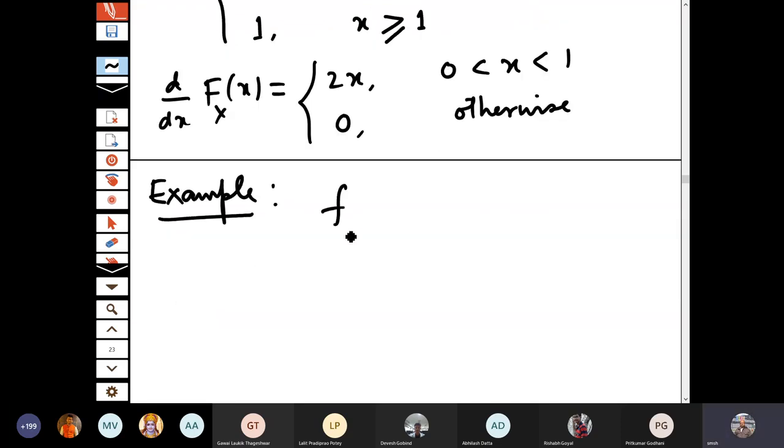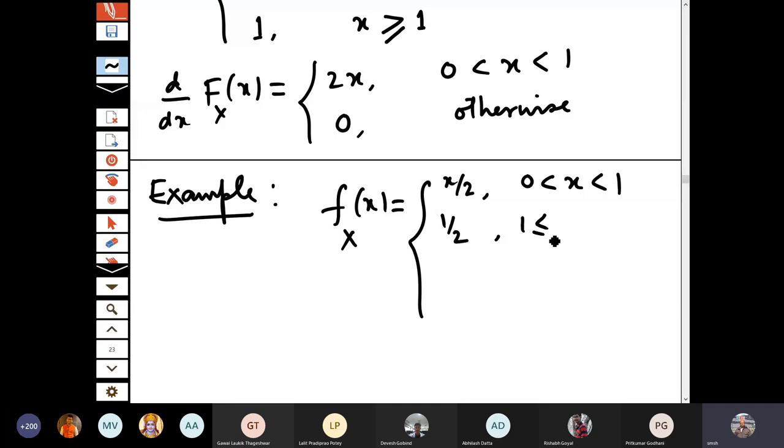So f(x) is defined to be x by 2 for 0 less than x less than 1, it is 1 by 2 for 1 less than or equal to x less than 2. It is defined to be (3 minus x) by 2 for 2 less than or equal to x less than 3, and 0 otherwise.